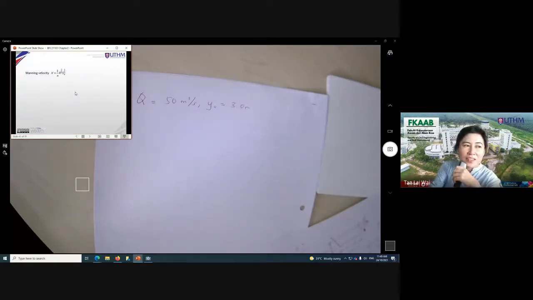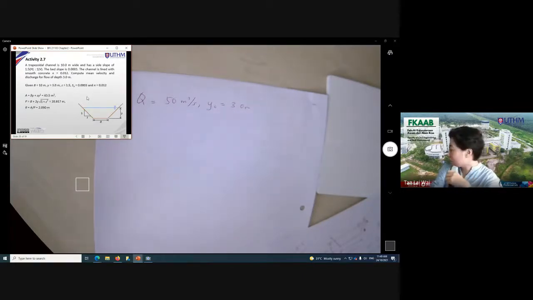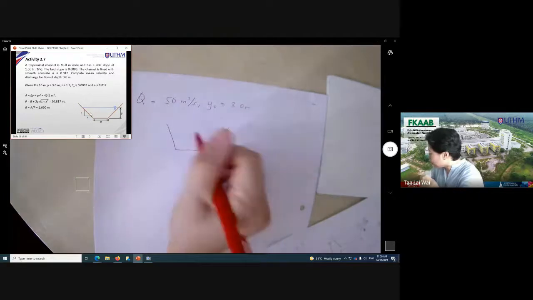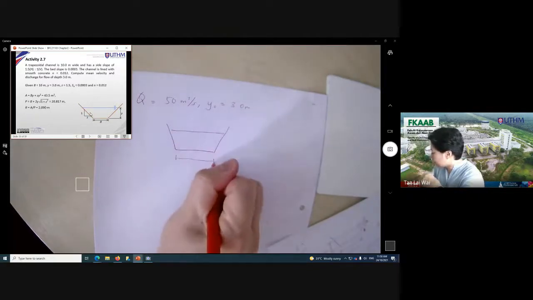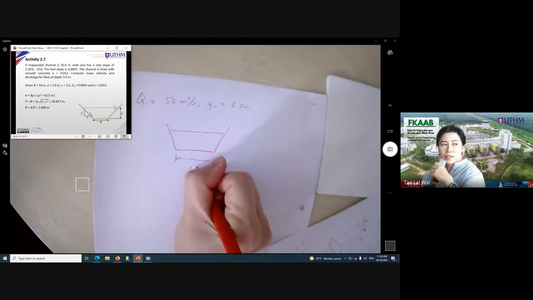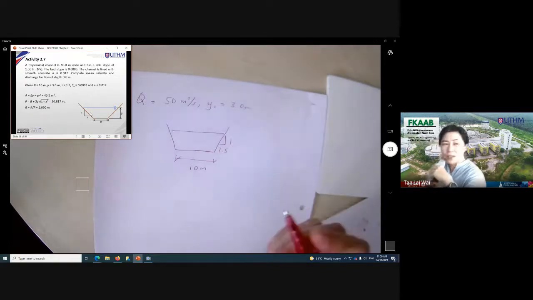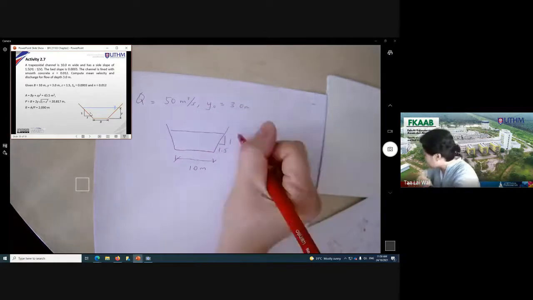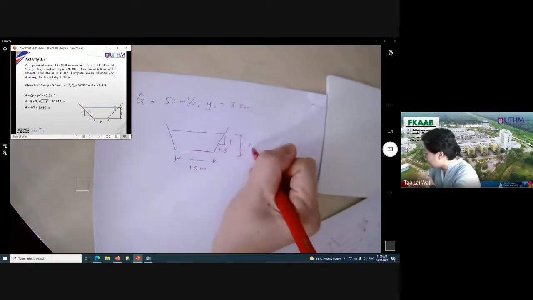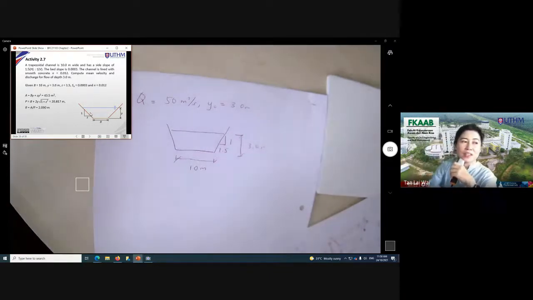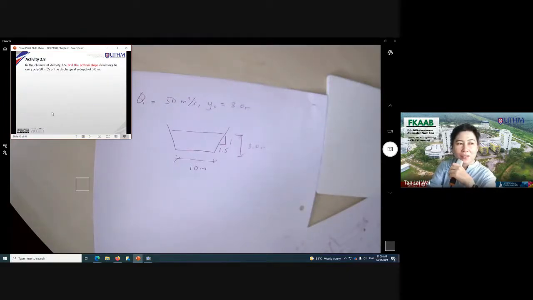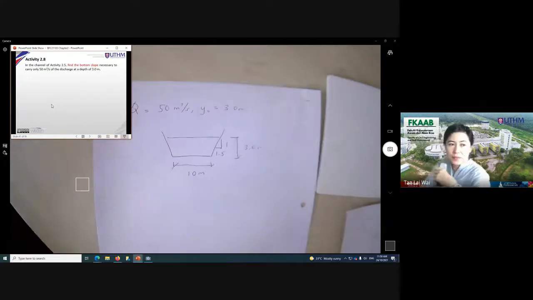You are using this channel, but you need to solve for S0, so you cannot use the given S0. You can only use the dimensions of this channel. This is 10 meters, this is 1.5, and the depth of flow is 3 meters, given already. This is the question, so let's try this out.